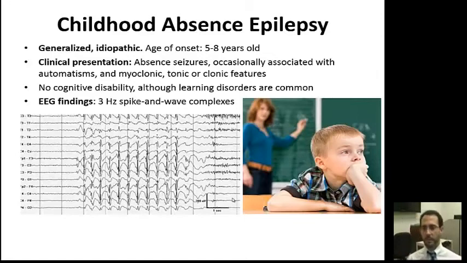The patient will typically start complaining of staring into space with some loss of awareness, and they can last just seconds. It could be 5 seconds, sometimes 10 seconds, and then they come back right away. They definitely lose track of time in that period.